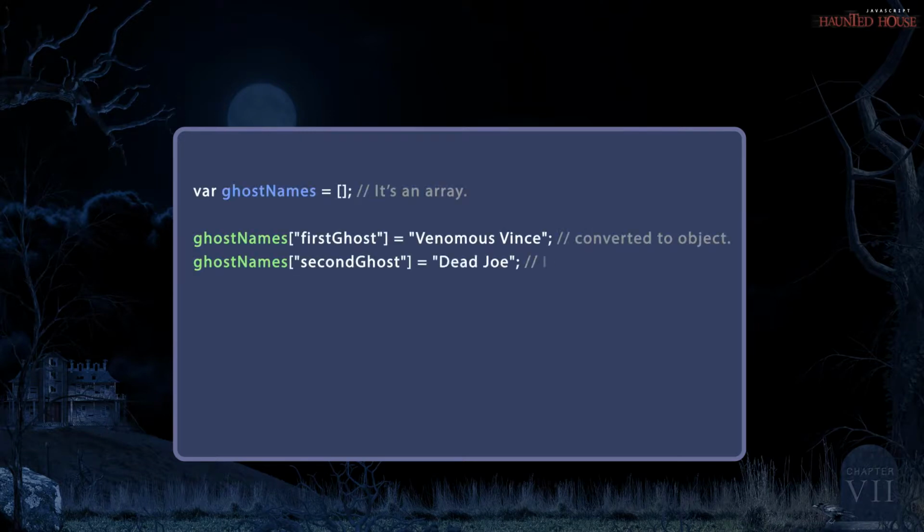If you use names in the indexes of an array, JavaScript will convert your array to a default object. This means that your array will no longer be a special type of object and will become a standard object. This will result in the loss of specific methods and properties of arrays, and it may produce incorrect results.